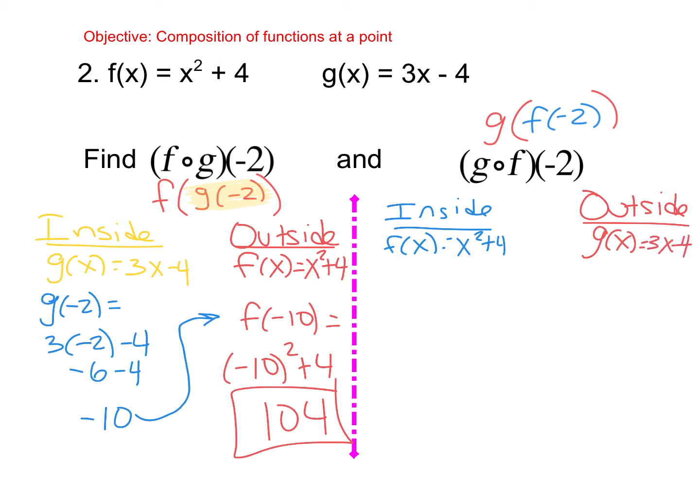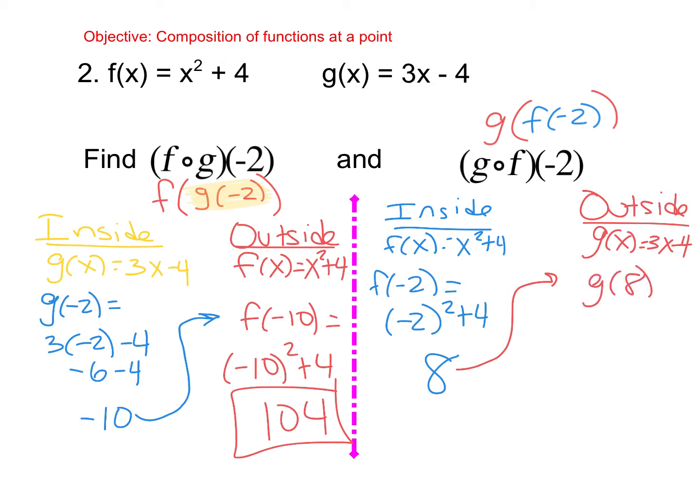Start on the inside, work your way out. So f of negative 2 is negative 2 squared plus 4, which is 8. We're going to take that 8 and plug it into g. G of 8 is 3 times 8 minus 4. That's 24 minus 4. So our final answer is 20.